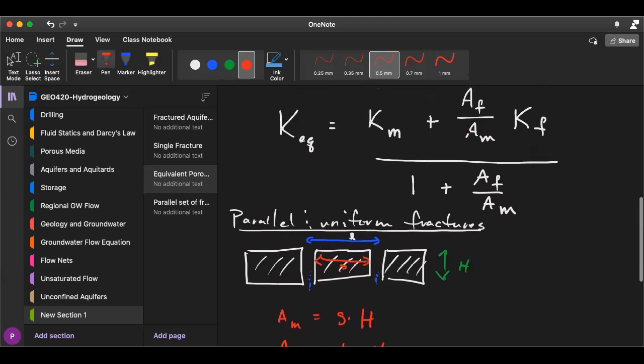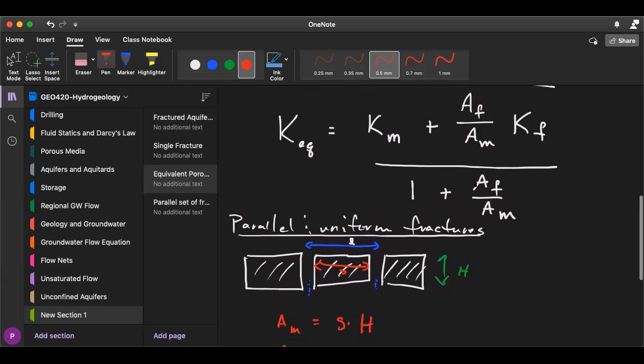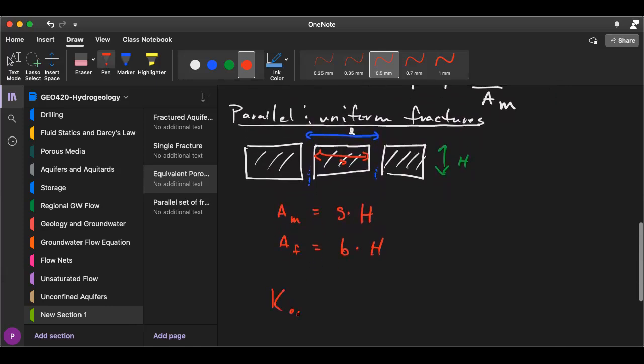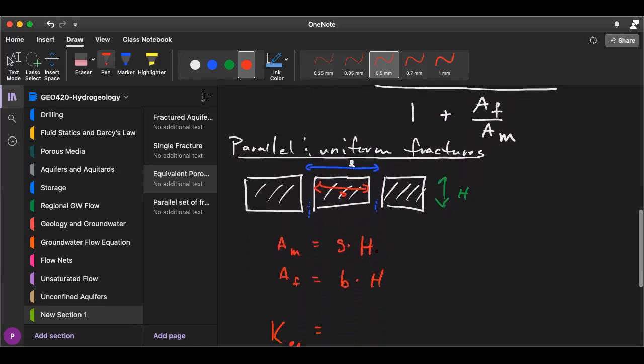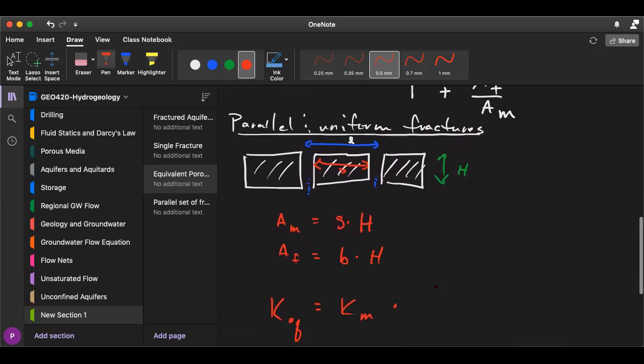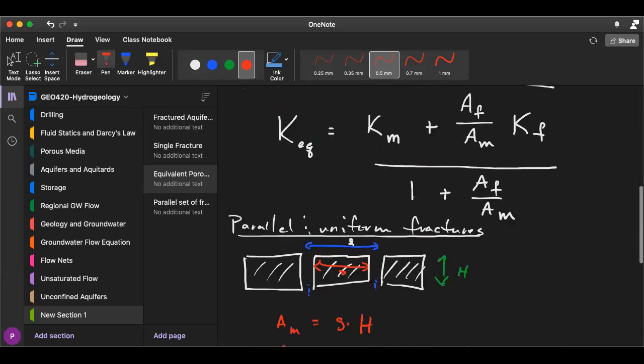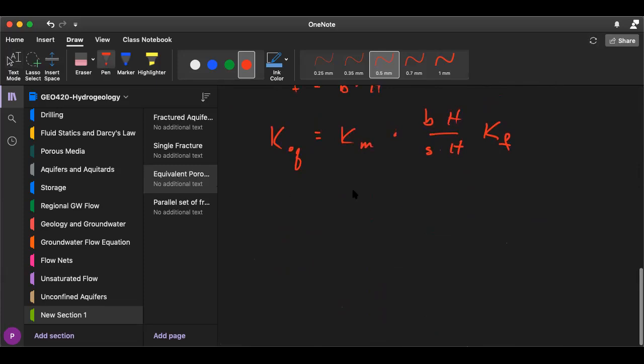So for parallel and uniform fractures, I can insert these two in here for A sub F and A sub M, and I will get KEQ is equal to KM plus B times H over S times H times KF, over 1 plus B times H over S times H. And these H's all cancel.